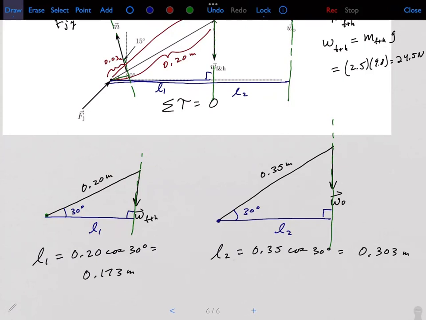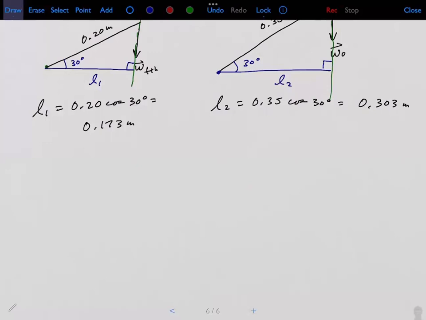Now I need to figure out the moment arm for the muscle. In this case, I'm going to have to draw this out because it's a little tricky. For the muscle, again, this is 30 degrees, but then the muscle is pulling at an angle of 15 degrees from the vertical.